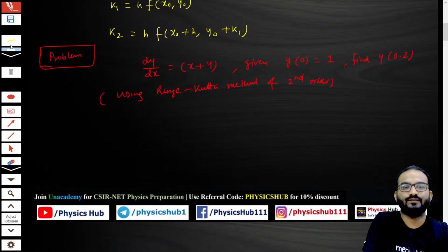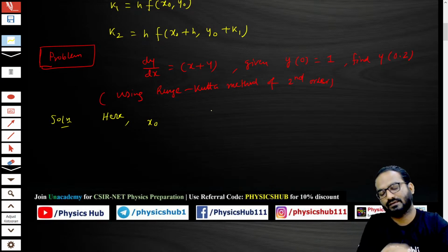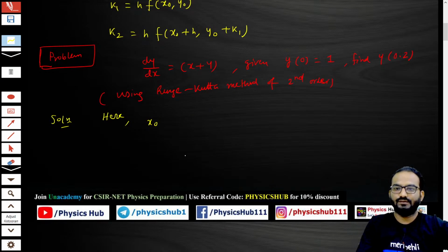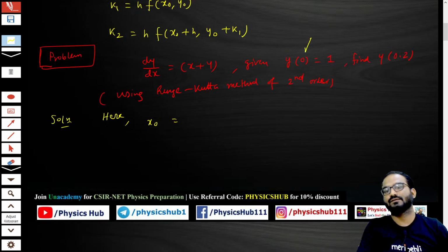So let's see how we solve this. First of all, what is x naught? The options are given, but I'm not giving the options for the time being. So x naught is the initial value. What is the initial value? y at x equals 0.